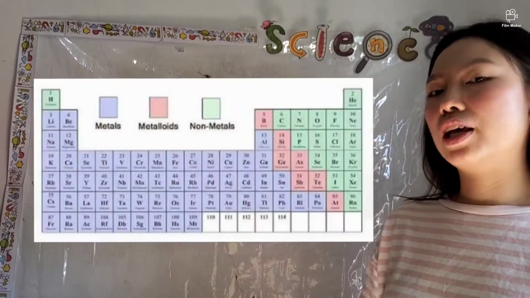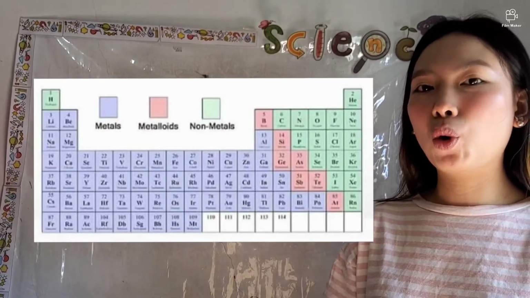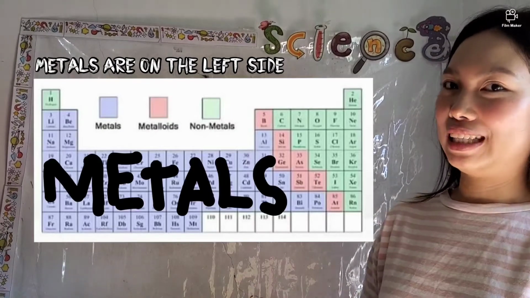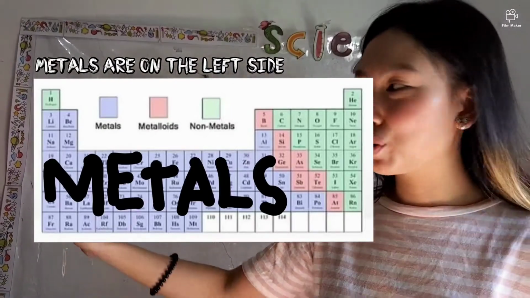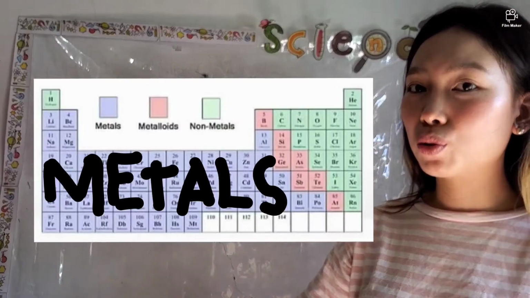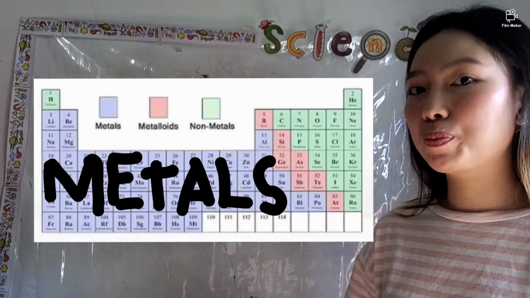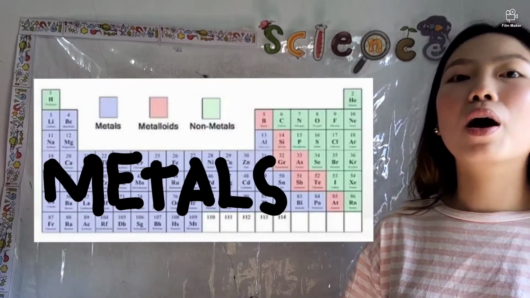Now, in the periodic table, all the metals are found on the left side of the periodic table. So, all of the left side, from groups 1A and 2A, and all the groups 1 to 8B, are all metals.